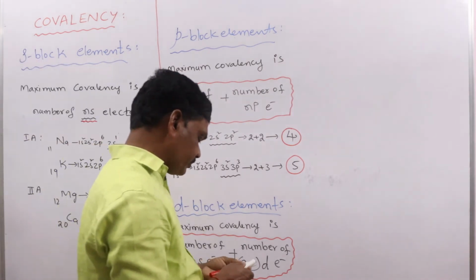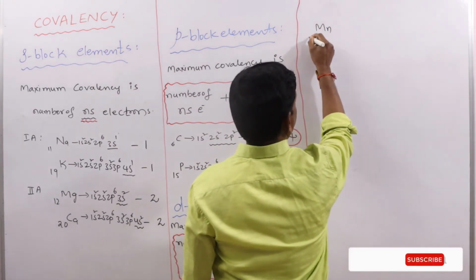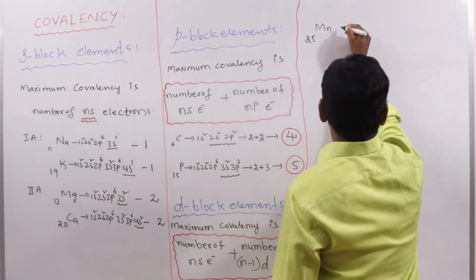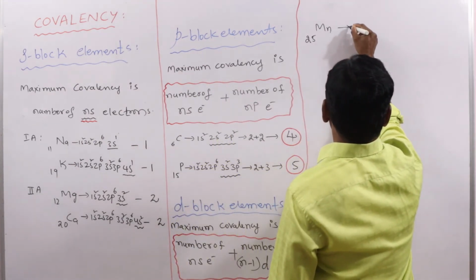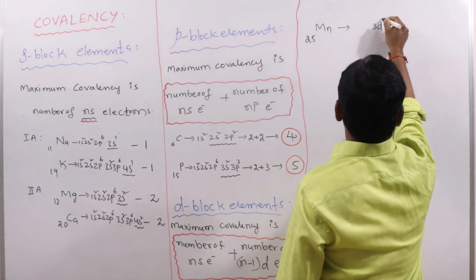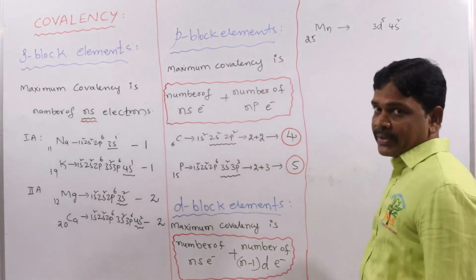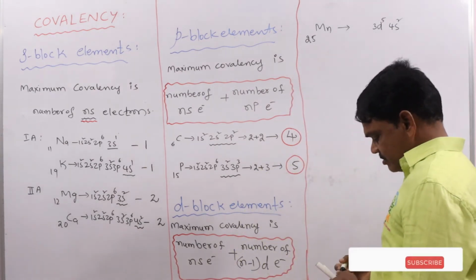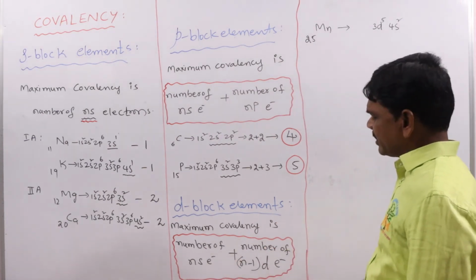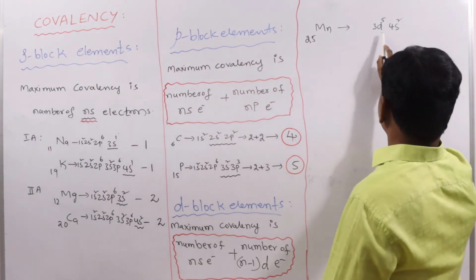For example, manganese. Manganese atomic number is 25. The outermost electronic configuration is 3d5 4s2. In case of d block elements, it is the same: number of ns electrons plus number of n minus 1 d electrons.